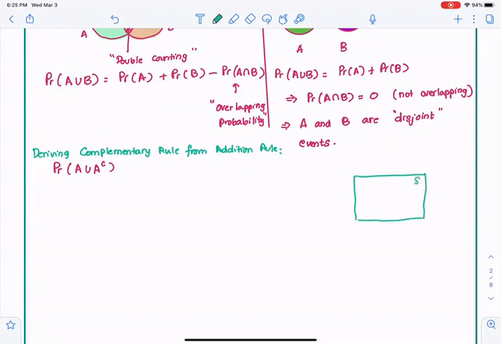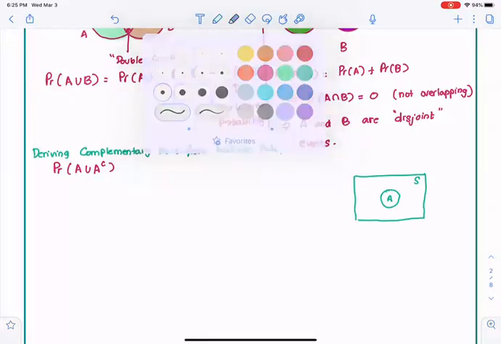We call it S. And if I selected the event A, and that's right there, I'll shade it purple.